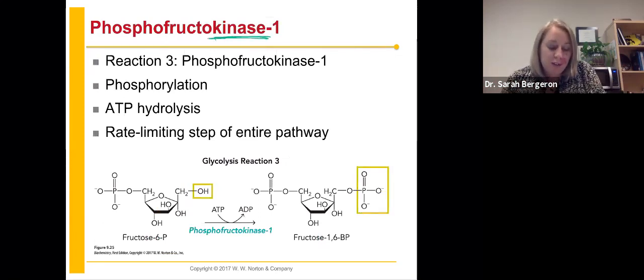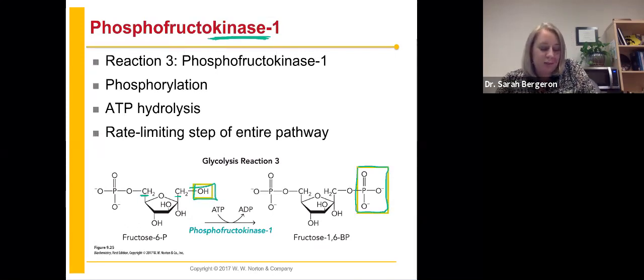So kinase tells me that I'm going to attach a phosphate group. We had a phosphate group on the carbon on this side. Now we're going to put a phosphate group on the carbon on that side. So that's exactly what you see. We convert this hydroxyl into a phosphate group. And so this is our second investment, right?